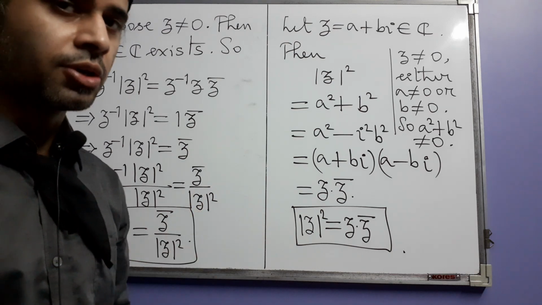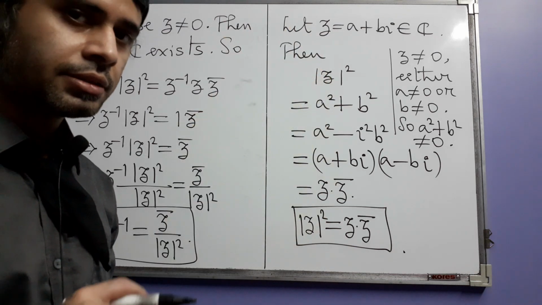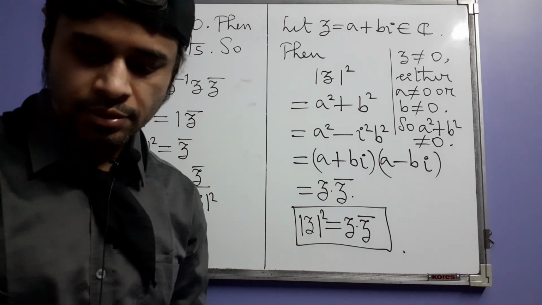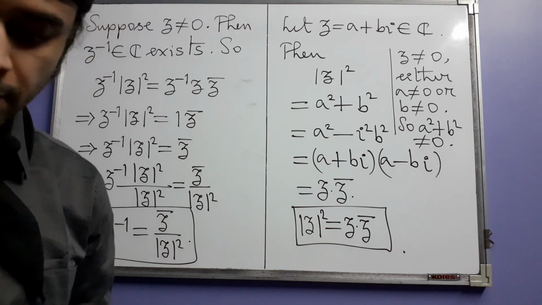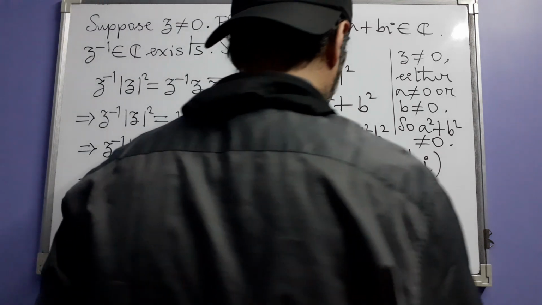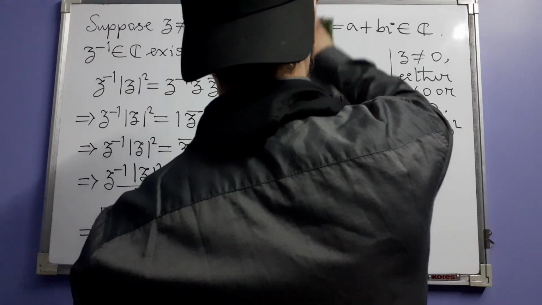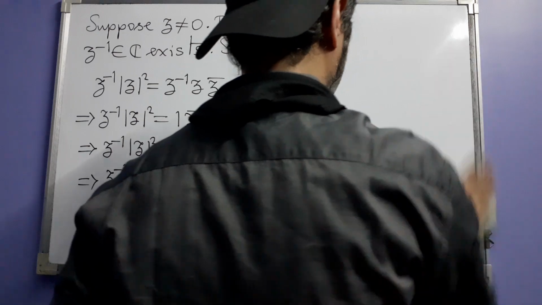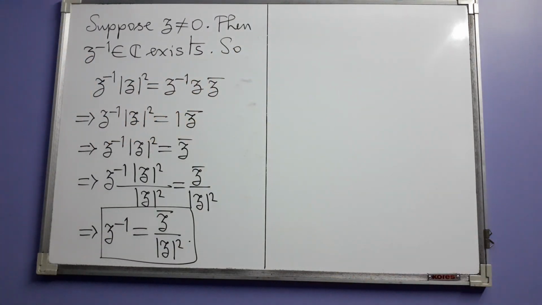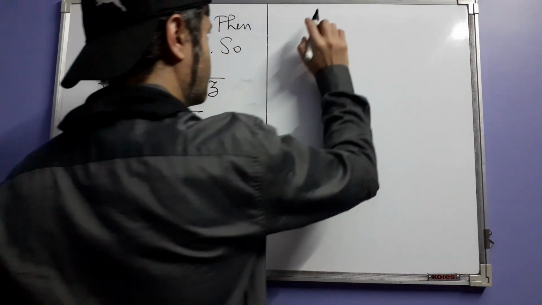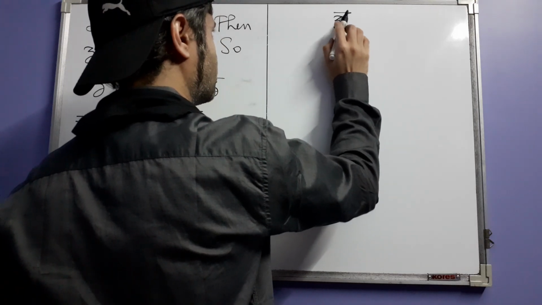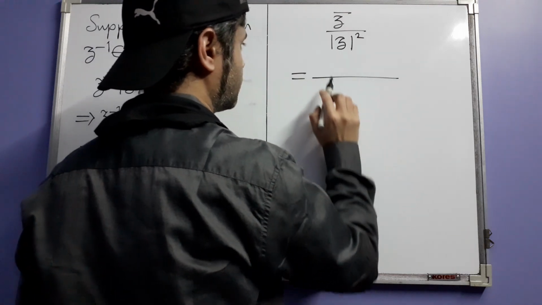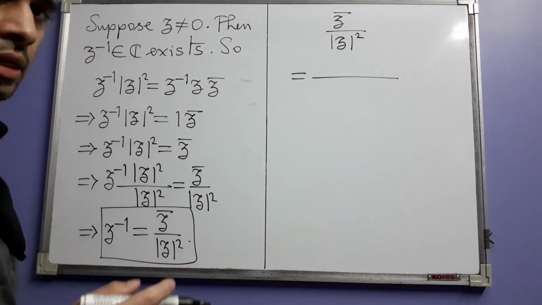Let us use this formula on this complex number and see what we get, because we already know what z inverse is. Are we going to get that same thing? We should get. Let us see if that happens. So our complex number is a plus ib.